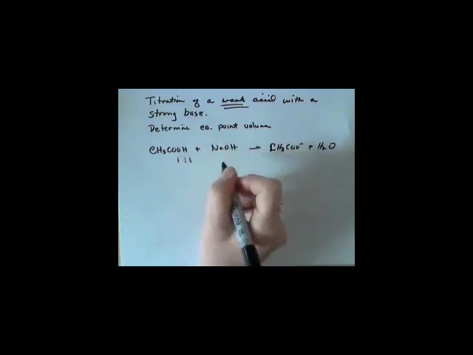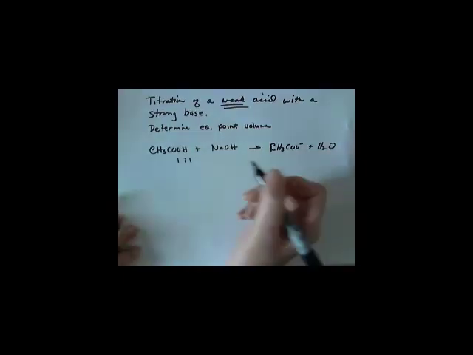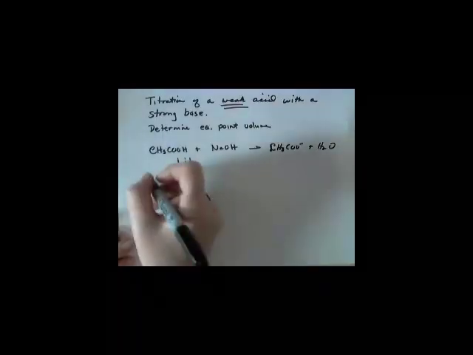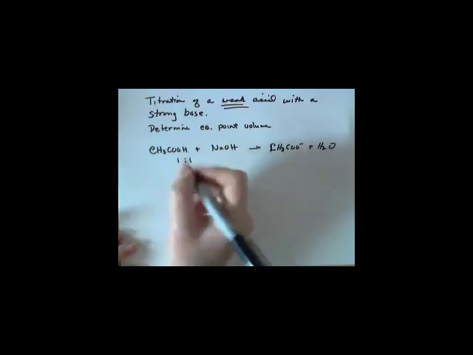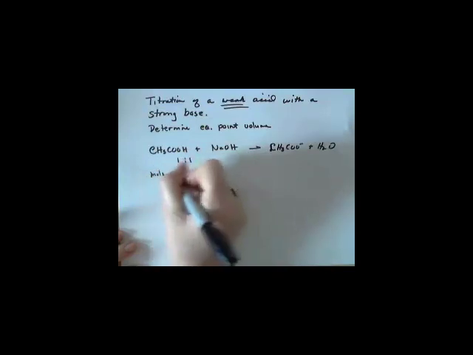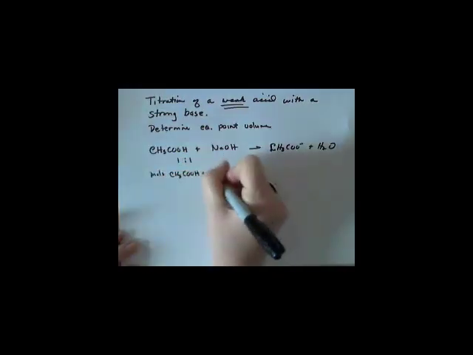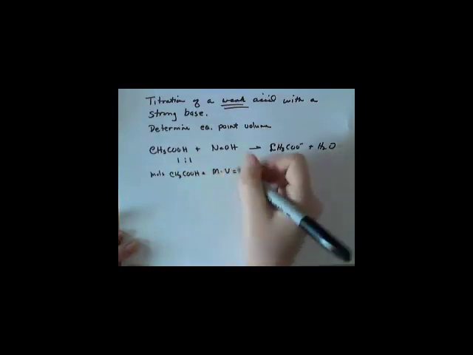Okay, so I'm going to determine the equivalence point volume here. So let's see, I know that I have 20 milliliters of 0.5 molar acetic acid. And so I'm going to determine the moles of acetic acid. And that's just going to be the molarity times the volume.